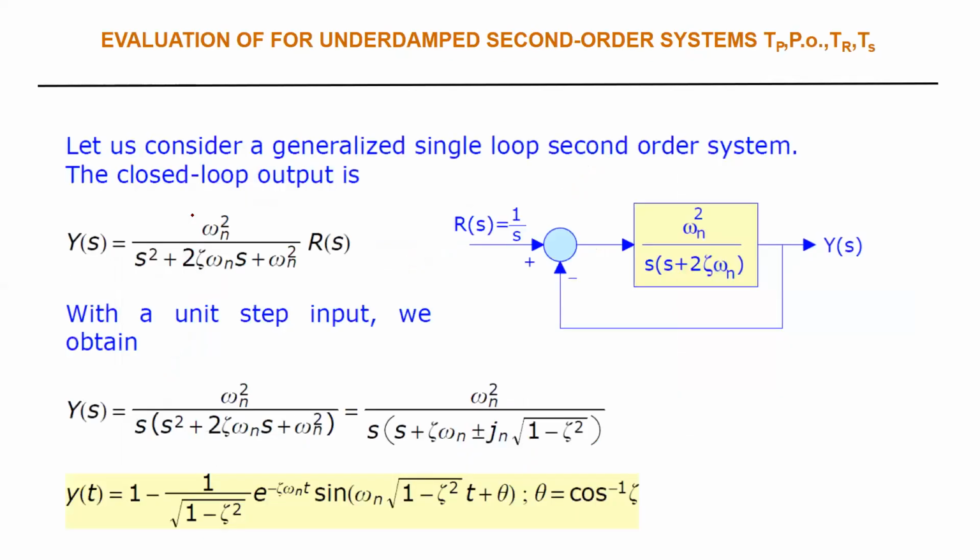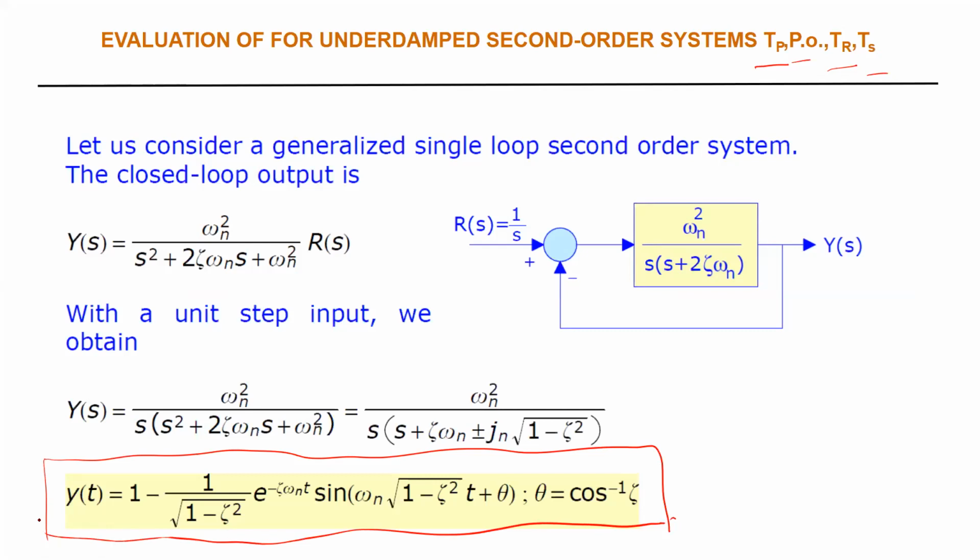So let me come again to the second order system. As I said, I would like to find TP, percentage overshoot, TR, and TS, and relate them in terms of zeta and omega n, because zeta and omega n characterize the second order system. So suppose this is my system, and I have a step response. If you remember, we have shown that if the system is underdamped, this is the response.